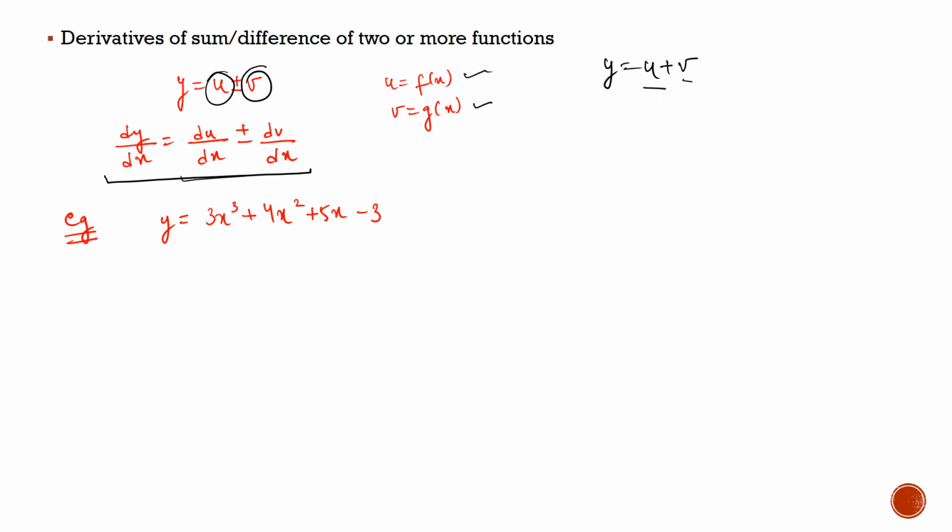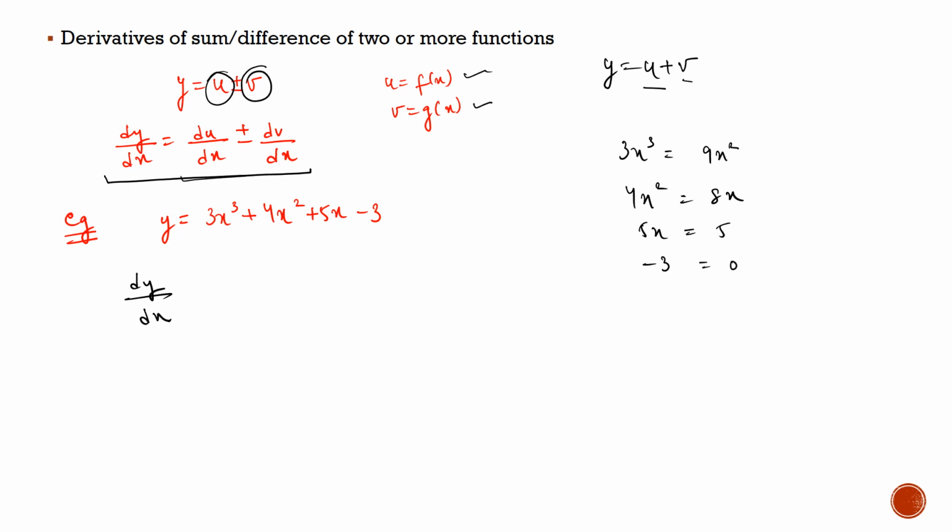For example, in this question we have y equals 3x cube plus 4x square plus 5x minus 3. So here, for dy by dx, we can do it by first differentiating 3x cube, which is 9x square, then 4x square, it's 8x, for 5x it's 5, and for minus 3 it's 0.